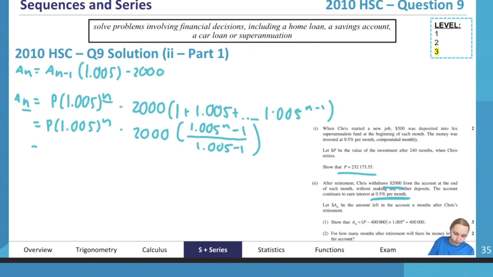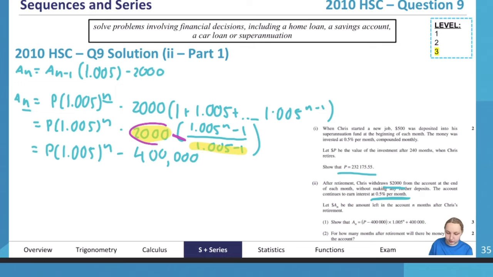From there we can rewrite this as (P minus 400,000) times 1.005 to the N, which we get from dividing this 2,000 by that. You just divide this term by this term, and that'll give you 400,000.